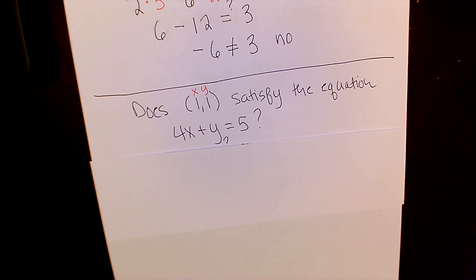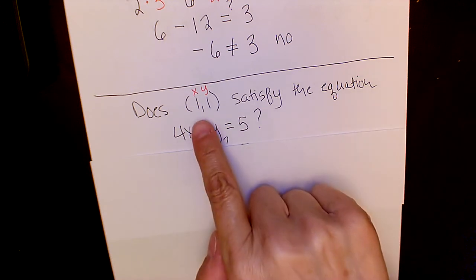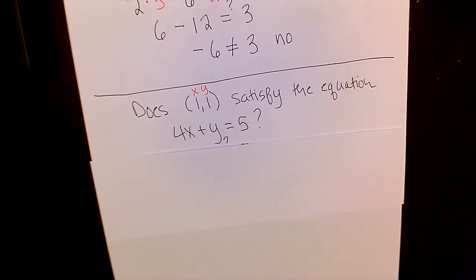So again, I'm going to do the same thing, and this just helps me, but if you want, you can label the first number x and the second number y. If that helps you, go ahead and do that. If you already know in your head that this is the x coordinate and that's the y coordinate, you don't need to do it, that's fine. I'm just doing it to help some people that might be confused.